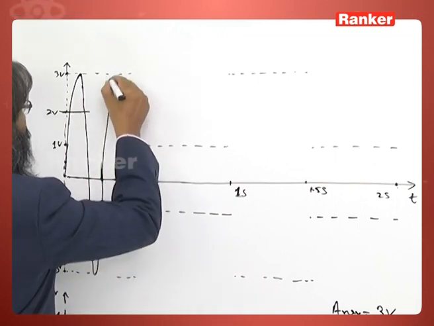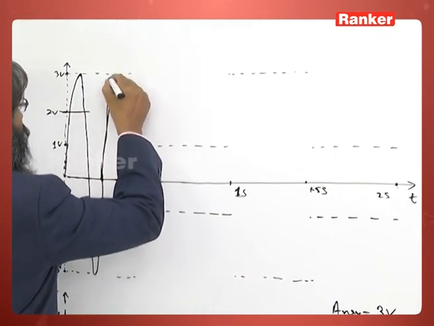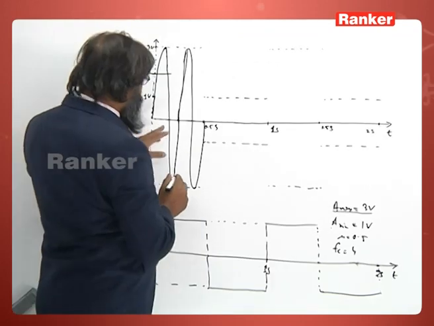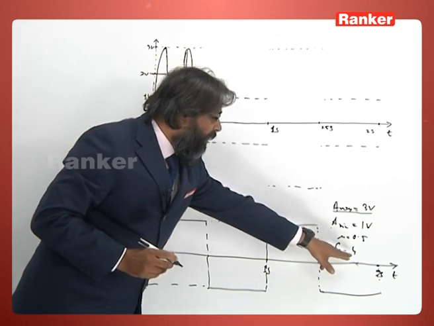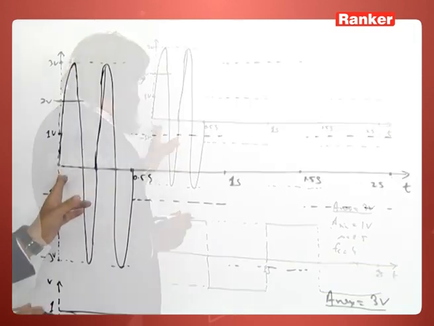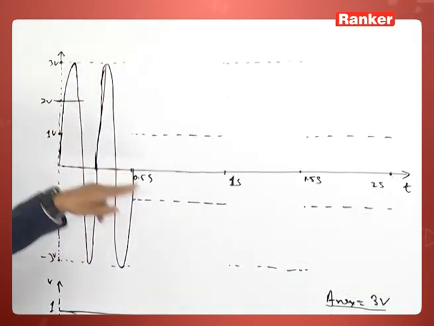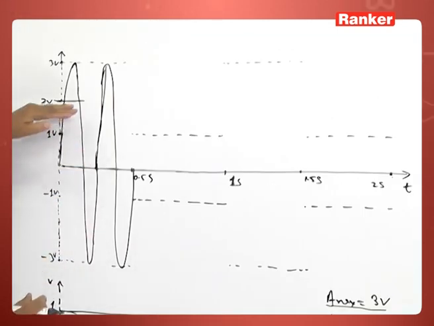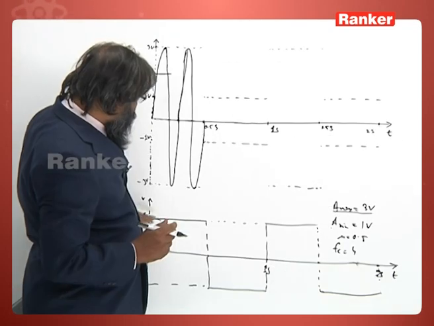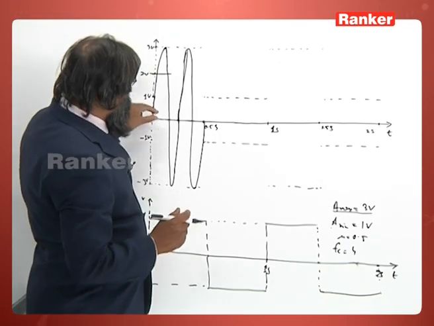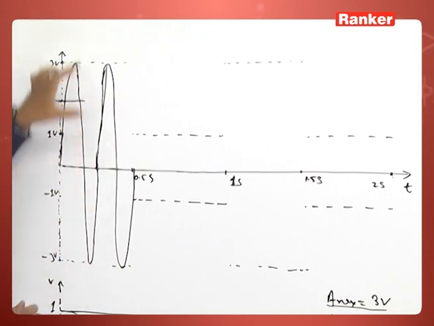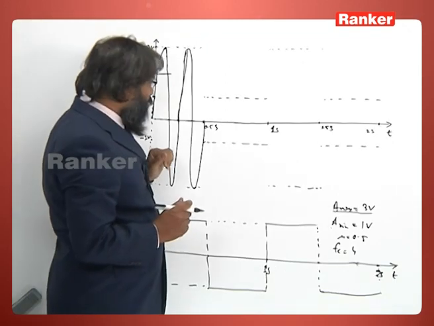So the wave will again go like this, and you see the frequency is 4, that means it will make 2 complete oscillations in 0.5 second. And second thing, here the carrier wave is of 2 volts, since the modulating wave is 1, so here we have the total amplitude as 3 volts. So it goes up and down.